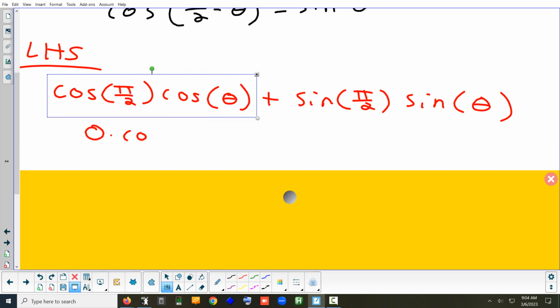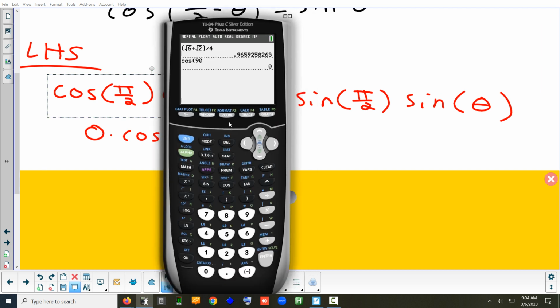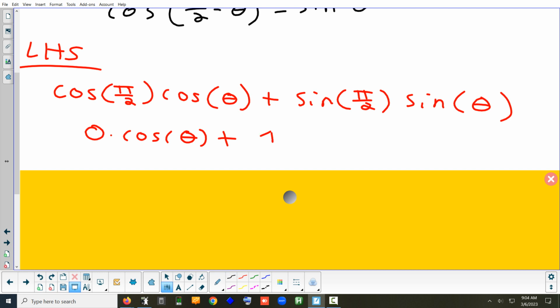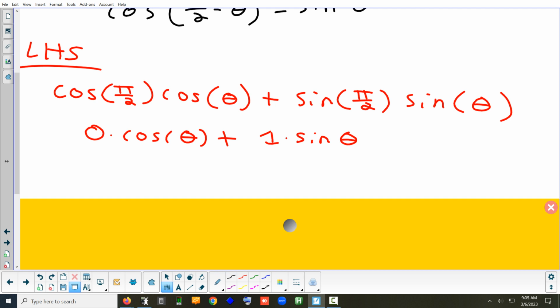So 0 times the cosine, plus, let's figure out the sine. Sine of 90, or pi over 2 if you want to do it in radians, is 1. So that simplifies to that.